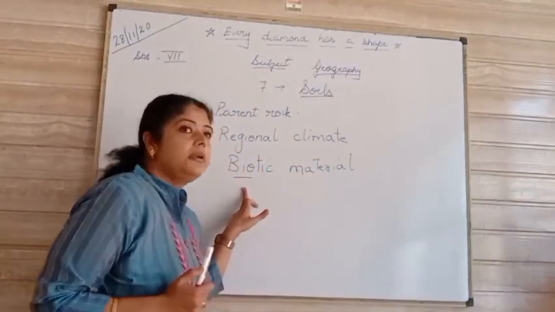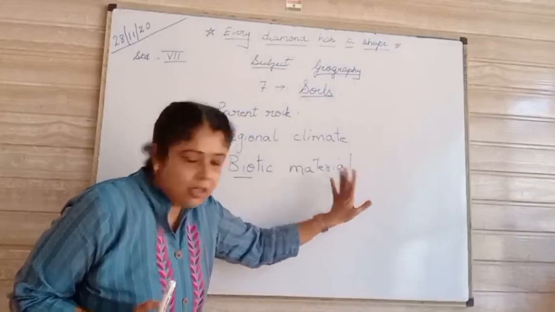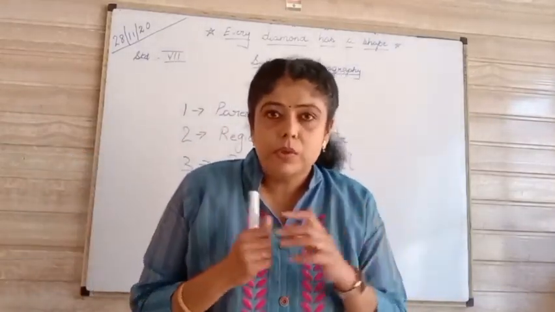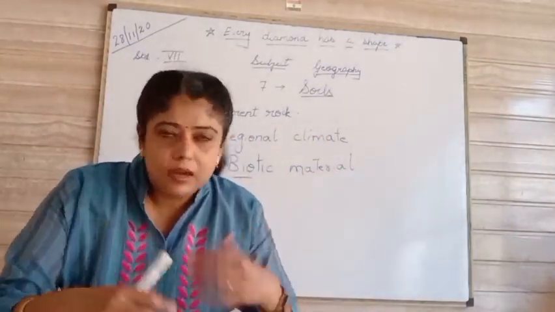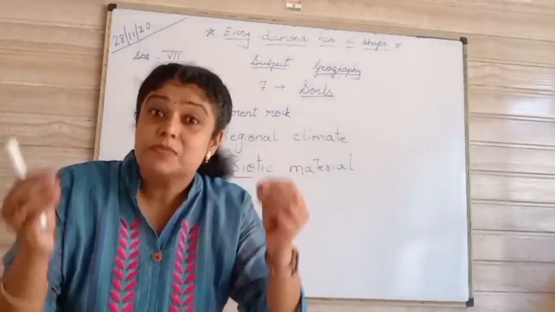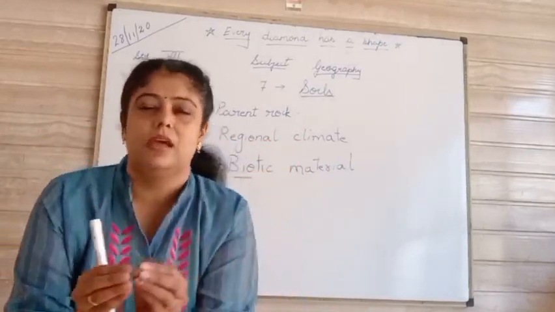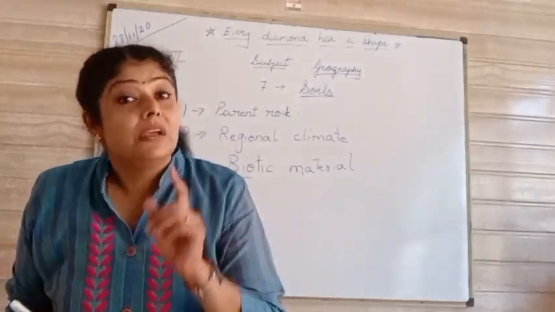That's why we call it biotic material, meaning living organisms in the soil. So what is the work of these microorganisms? When animals and plants die, they get mixed up with the soil, and these microorganisms work on these dead plants and animals, decayed materials, and convert them into something called humus.